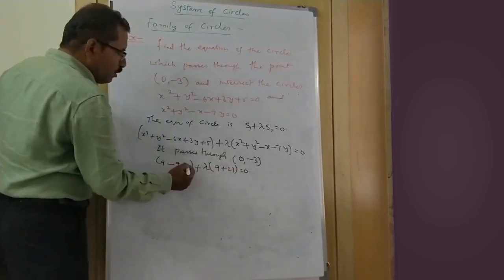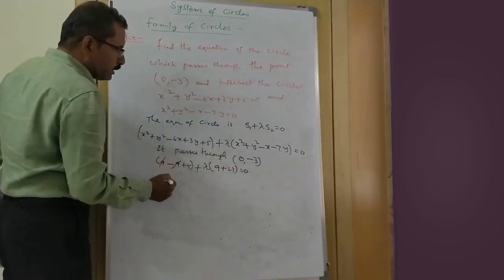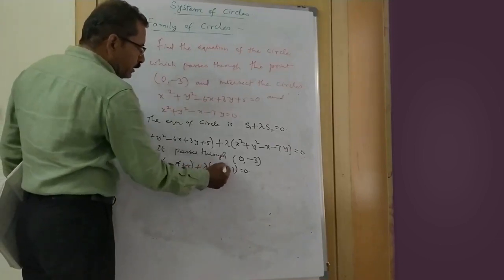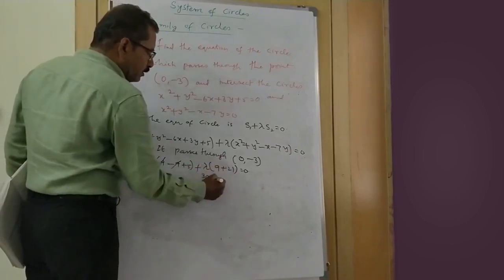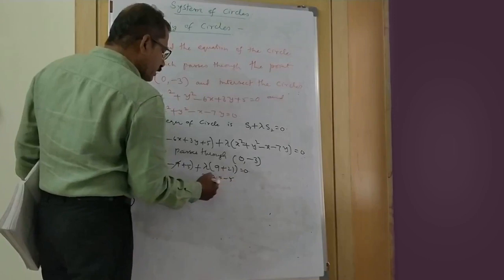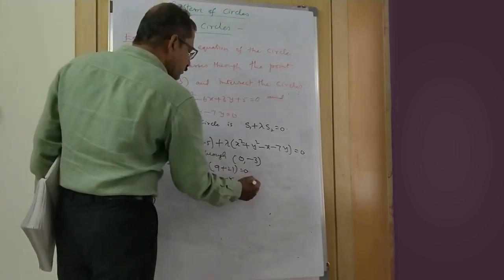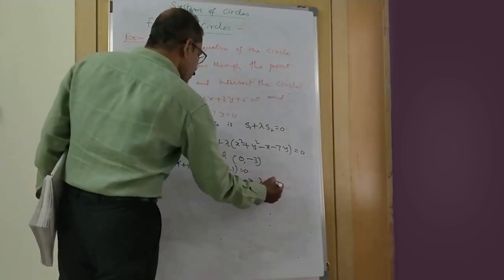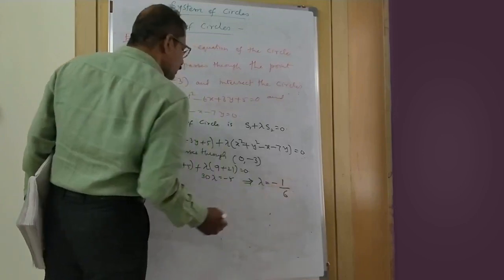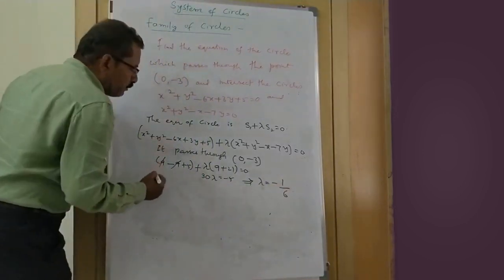This gives 5, the 9 and -9 get cancelled, 30 lambda = -5, then lambda is -1/6.